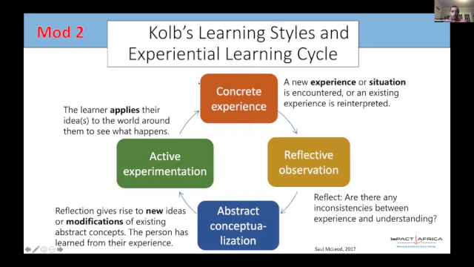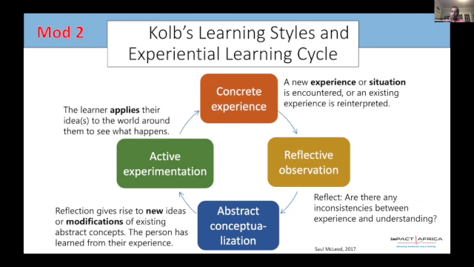Again, in module two, we said that there are many different learning theories. We talked about just two of them. One of them was Kolb's learning theory, which really focuses on the experiential learning cycle. Effective learning is seen when a person progresses through a cycle of four stages.